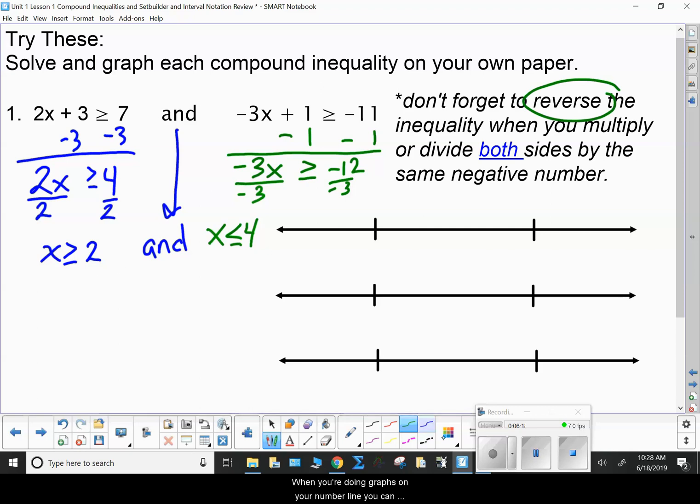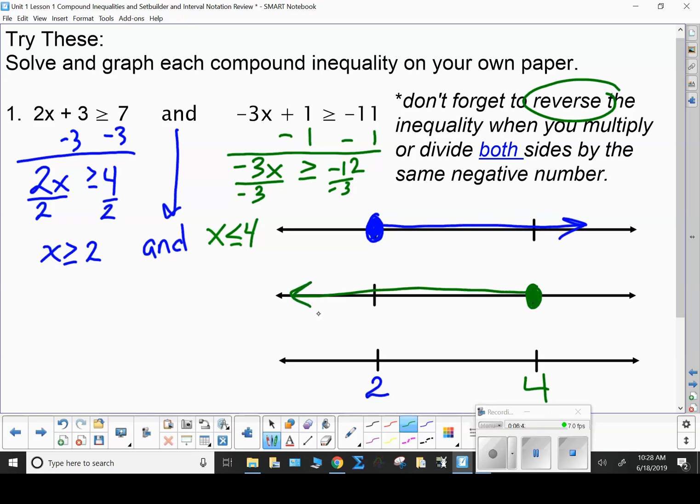When you're doing graphs on your number line, you can simply write down the lowest number to the left, the biggest number to the right. Now, if I take and graph greater than or equal to 2, I'm going to have a solid point at 2 and graph to the right. Then less than or equal to 4, I'm going to have a solid point at 4 and graph to the left.